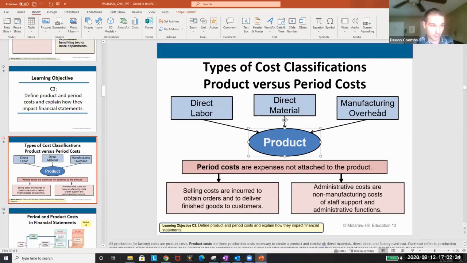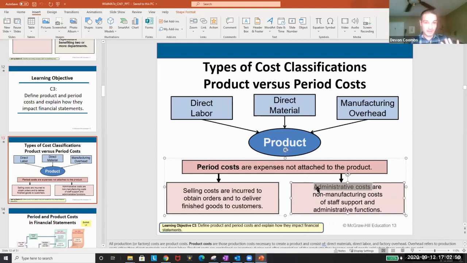Your rent for your corporate office that isn't building goods is more of a period cost, also known as SG&A, selling, general, and administrative, because they're incurred to obtain orders and deliver finished goods to customers. Your main office is more likely administrative, so it has nothing to do with manufacturing costs. It houses your selling staff, or your accountants and your finance team for admin functions.